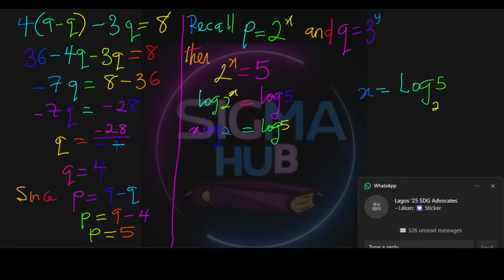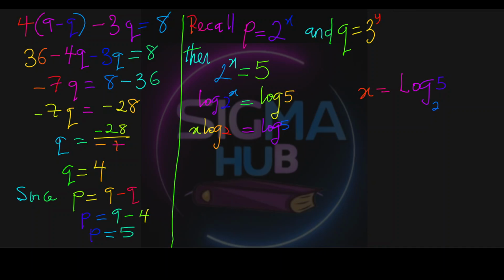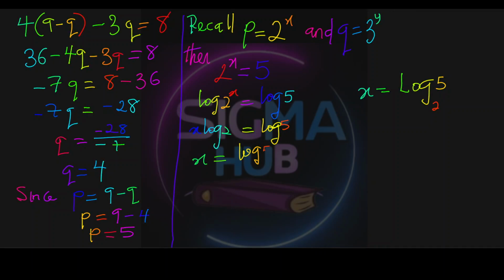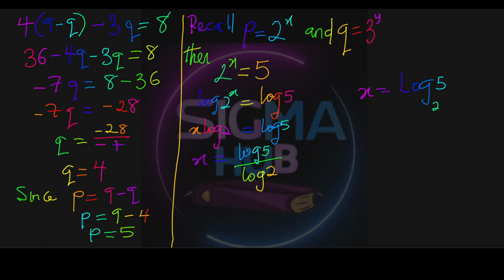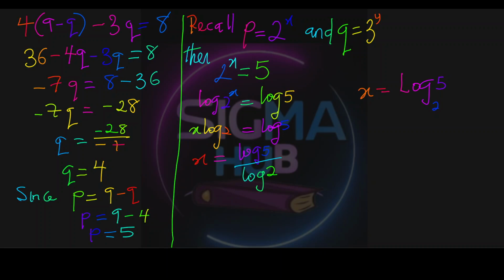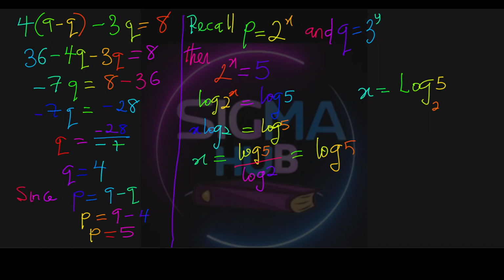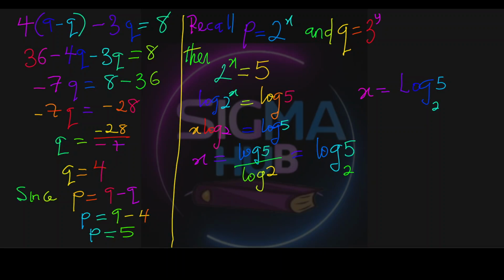So dividing both sides by log 2, it becomes x equal to log 5 over log 2. And log 5 over log 2 is the same thing as log 5 base 2.